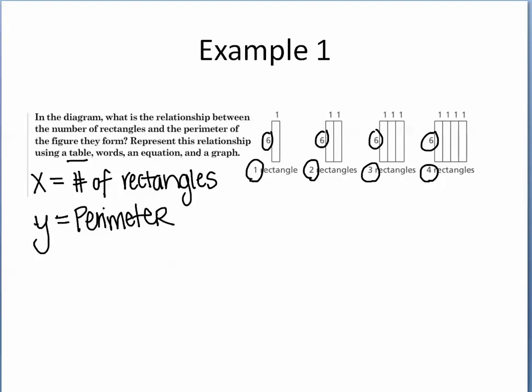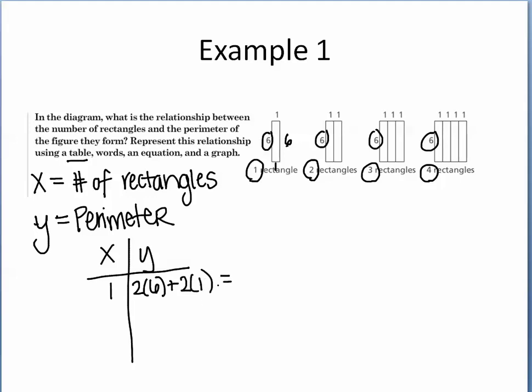So the perimeter changes as we add more rectangles. So if we do a t-table with one rectangle, let's get the perimeter here. We have 6 on this side, 6 on this side, 1 and 1. So it becomes 2 times 6 plus 2 times 1, which gives you 12 plus 2 is 14.